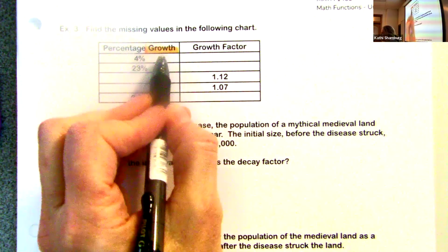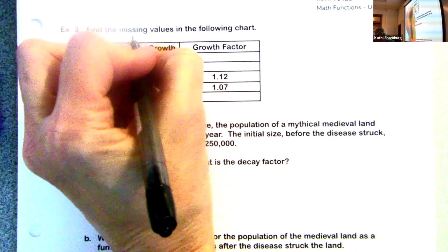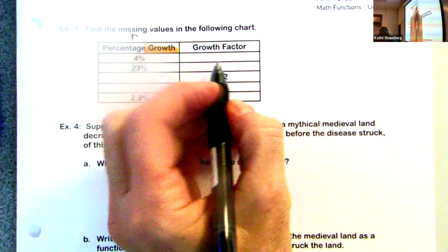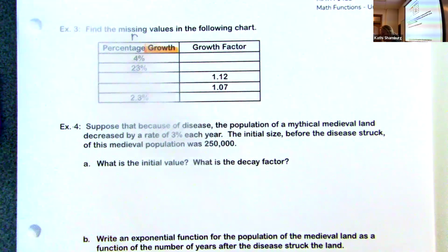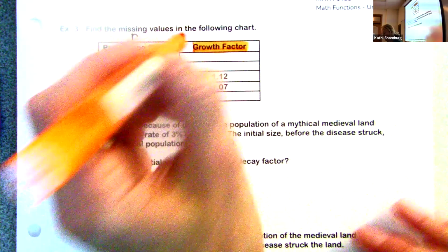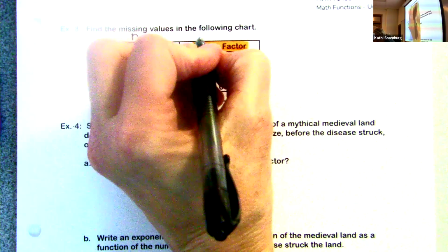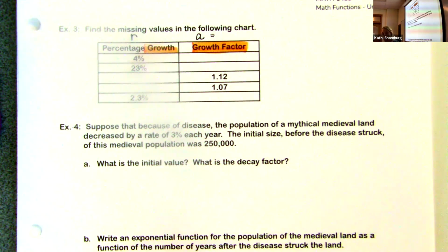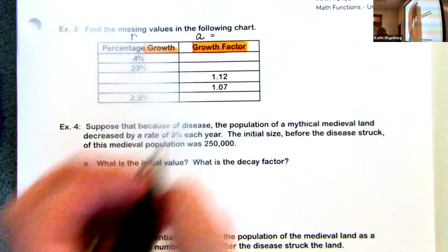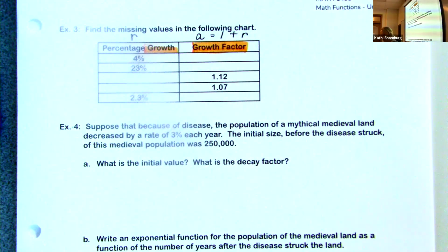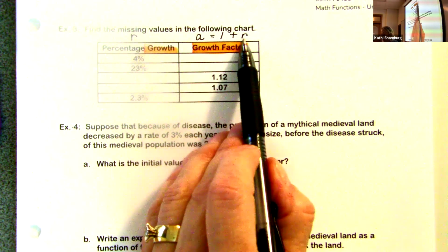Okay, notice we are talking about growth. So a percentage growth, this is always given to you as R, which is a rate. Your growth factor, since we're talking about growth, this is your A, and that means my growth factor has to be a number larger than 1. From the notes we did on Friday, we know A to be 1 plus R. Now, R is 4%.